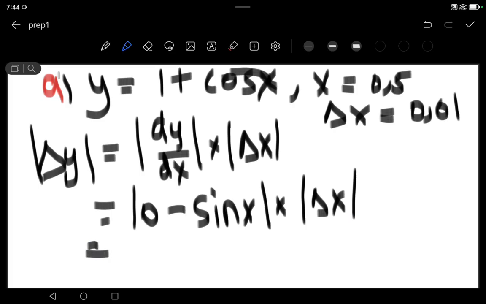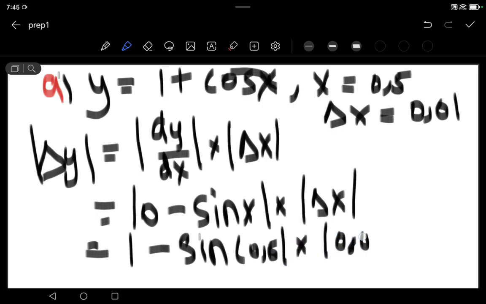So 0 minus sine x is the same as minus sine x. Here it's going to be minus sine of our value of x, 0.5, and our change in x is 0.01. And then we get our answer. Remember, we write our answer in inequality form, less or equal to, and then we get the answer. So, let me calculate.